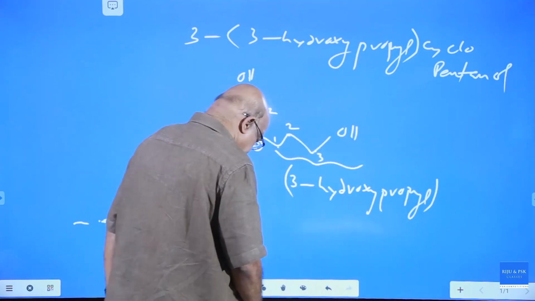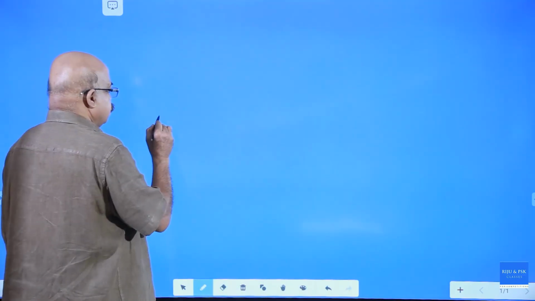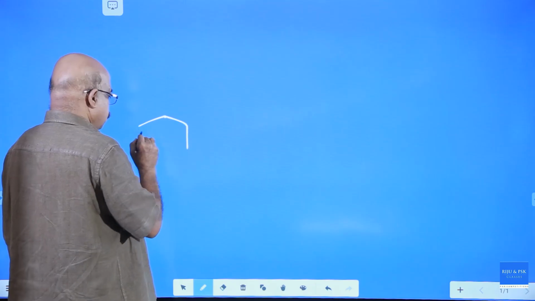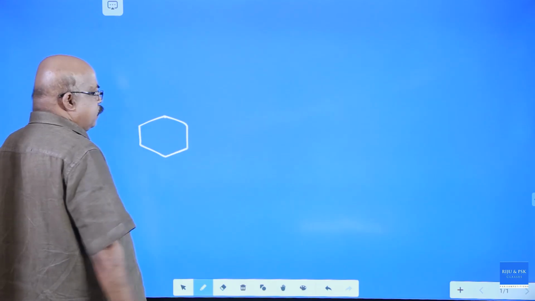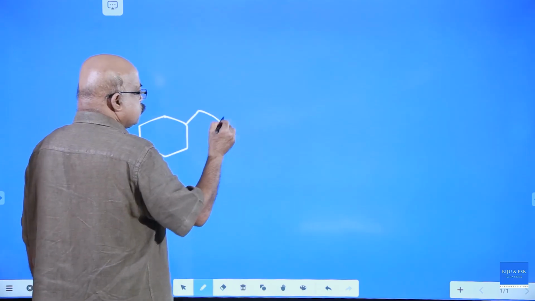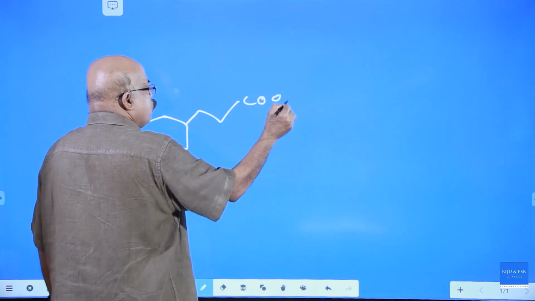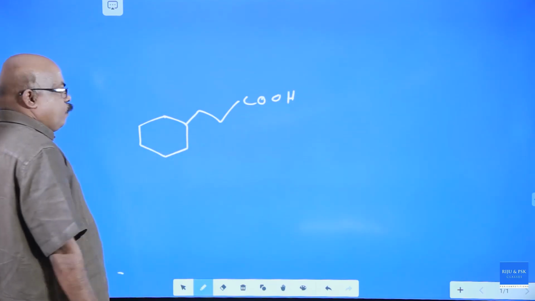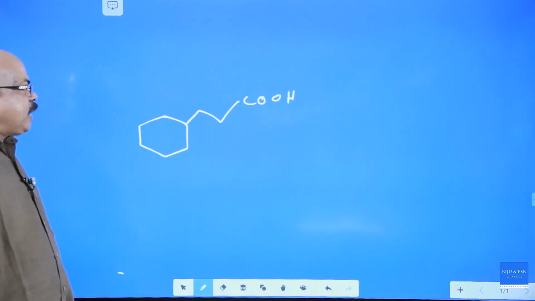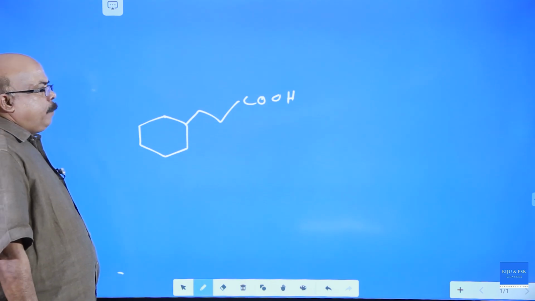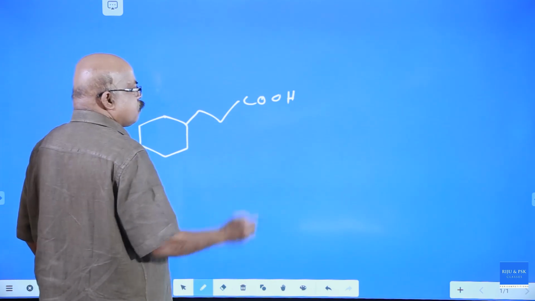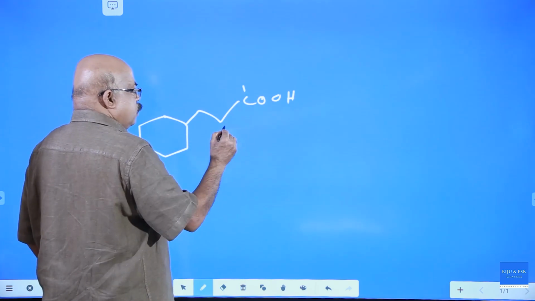Okay, see, 6 carbon ring with a COOH group. Here the COOH group has the highest priority. It is 1, 2, 3.